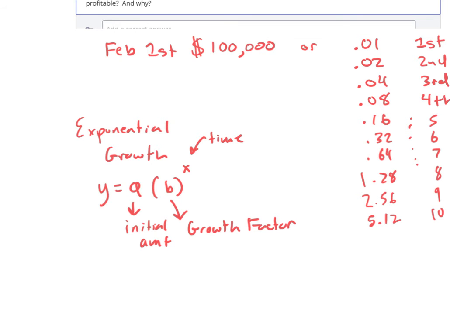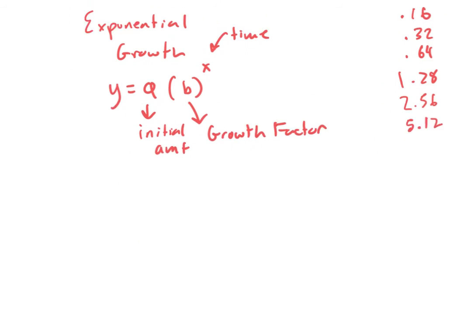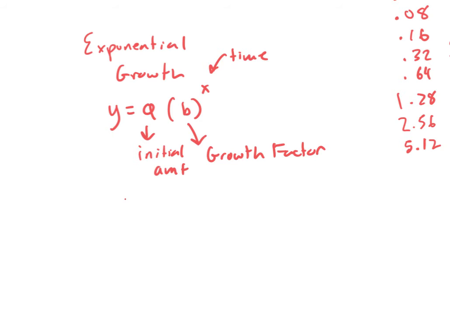So in this case, our equation would be y is equal to 0.01 times 2 raised to the t power, or x, or whatever.